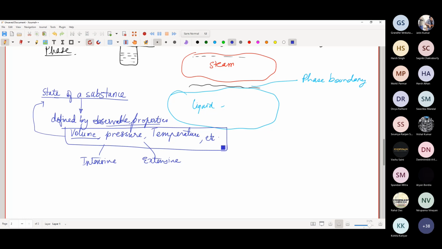In general, such properties can be declared into two classes. One is the intensive property and one is the extensive property. An intensive property is something which is independent of mass. An extensive property is something which obviously varies directly with mass.